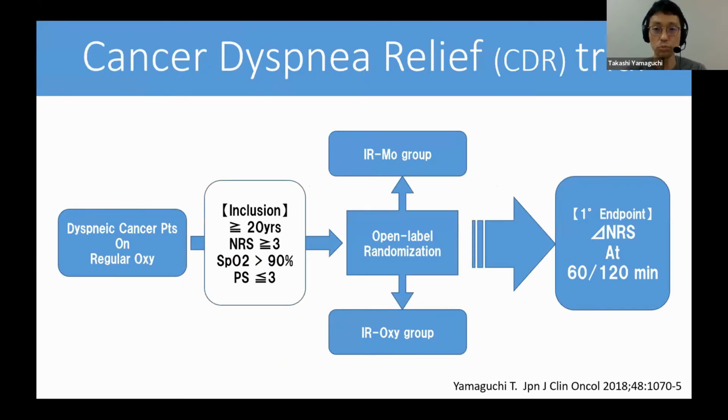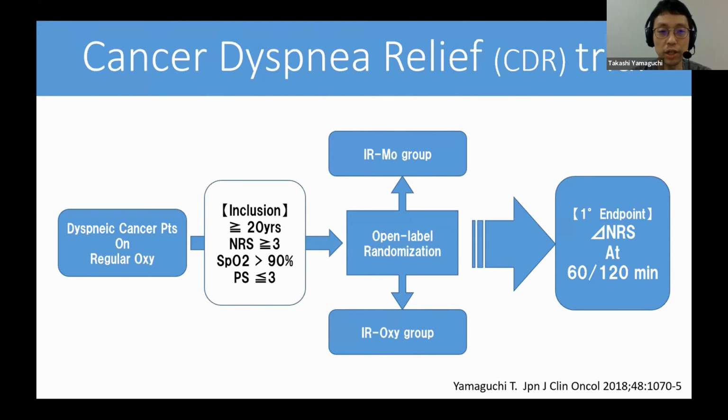So our group conducted a randomized controlled trial, which compared the efficacy of oxycodone and morphine for dyspnea in cancer patients. We recruited cancer patients with dyspnea who were already on regular oxycodone for the management of pain.